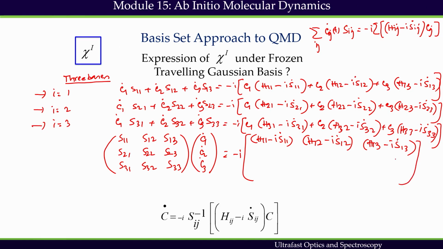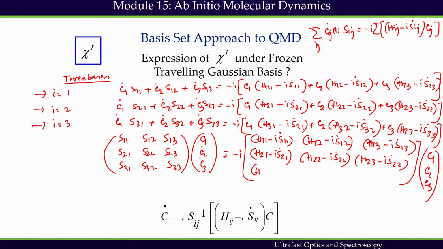This is then multiplied by C1, C2, C3, and the second row H21 minus I S21, H22 minus I S22, H23 minus I S23, then H31 minus I S31, H32 minus I S32, H33 minus I S33. So these are the expressions we get.